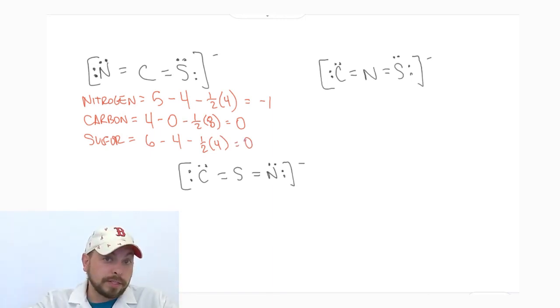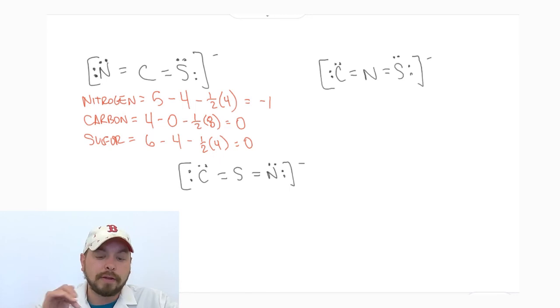The sulfur in this case also has a formal charge of 0. It has 6 valence electrons on the periodic table. It has 4 in lone pairs. It has 2 that it owns within the double bond. So its formal charge is 0. So these are the formal charges for the first compound.